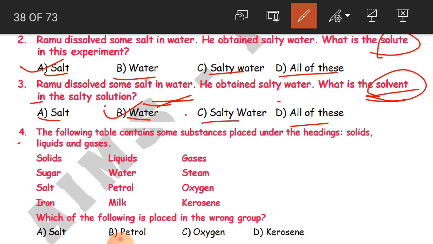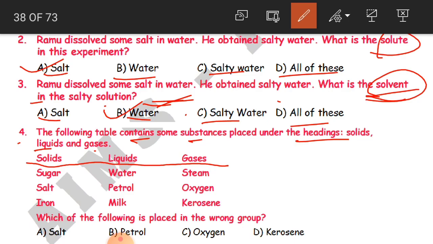Fourth question. The following table contains some substances placed under the headings solids, liquids and gases. Which of the following is placed in a wrong group? We have these three groups, and under this we have some substances.